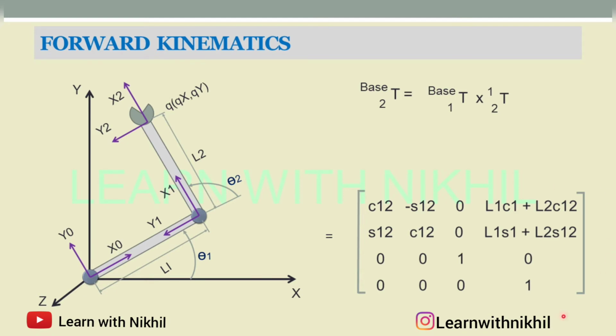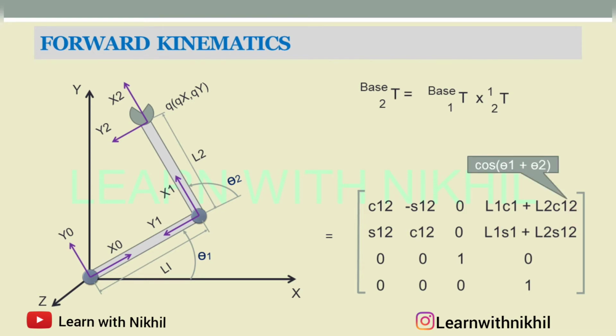So we have found this whole matrix, where this is cos of (theta 1 plus theta 2), minus sin of (theta 1 plus theta 2), sin of (theta 1 plus theta 2), cos of (theta 1 plus theta 2), and this is L1 cos theta 1 plus L2 cos of (theta 1 plus theta 2), likewise this also.